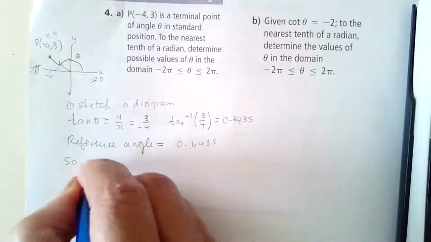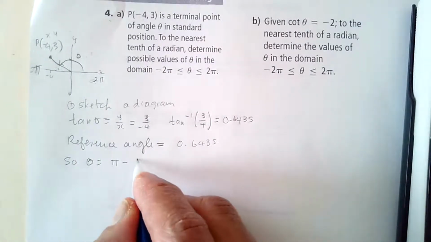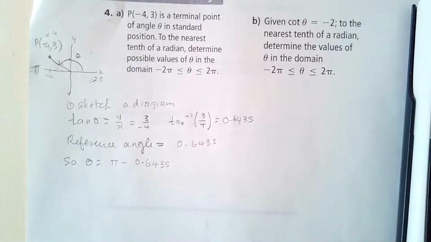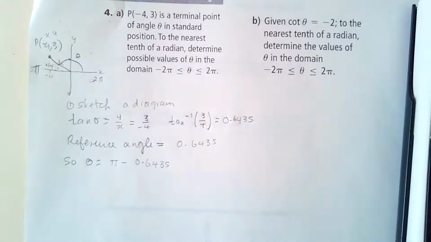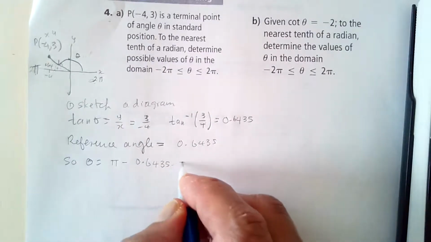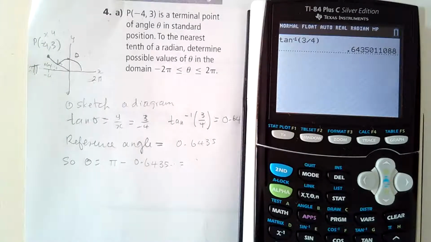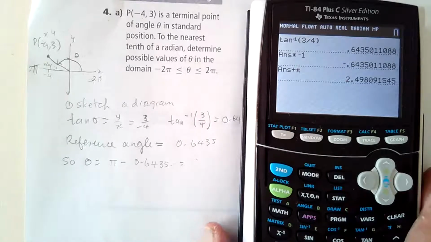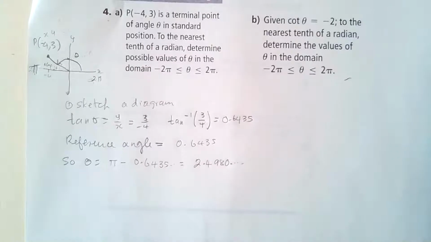So theta will be equal to pi minus 0.6435, which is going to give us 2.4980. So that's theta.